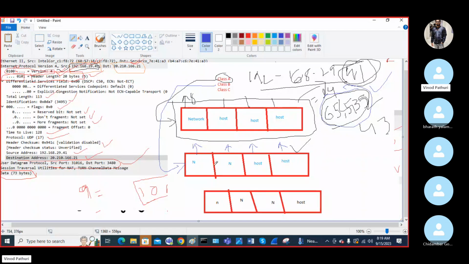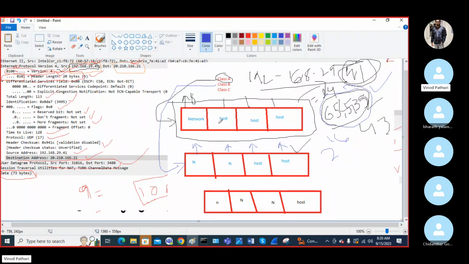So here, 2 power how much? What is the value of 2 power 16? And the 2 power 24 value.